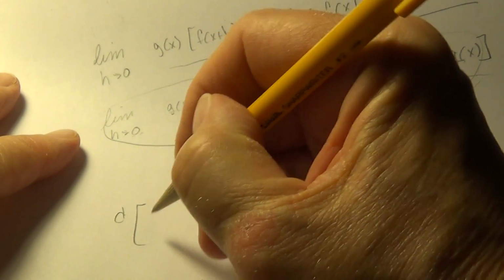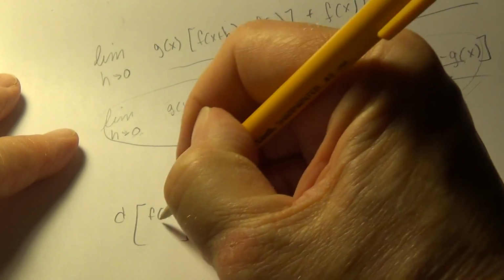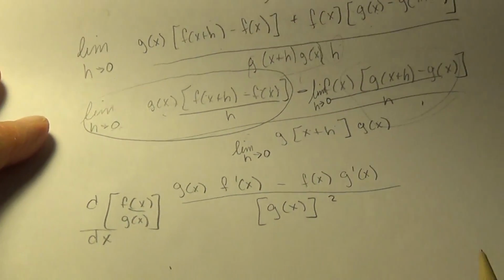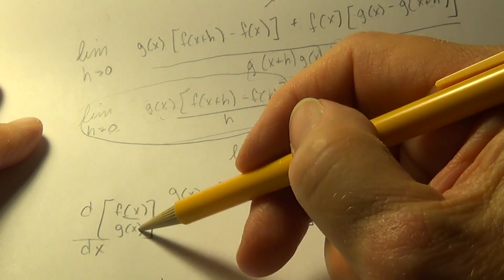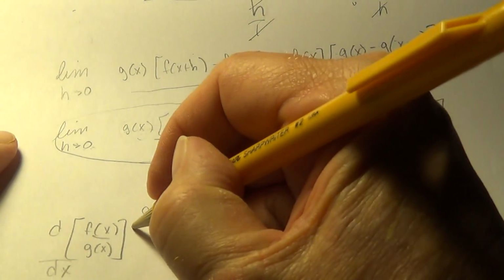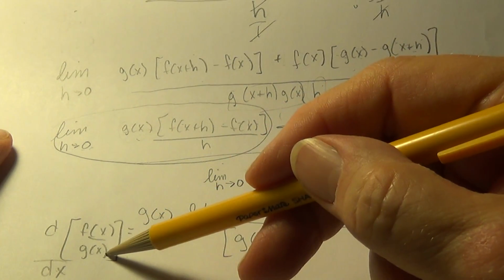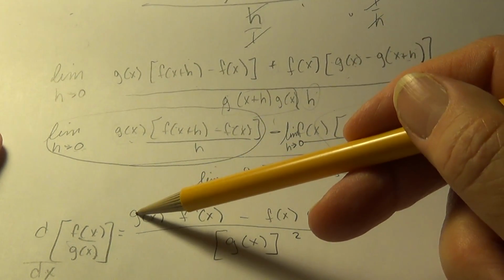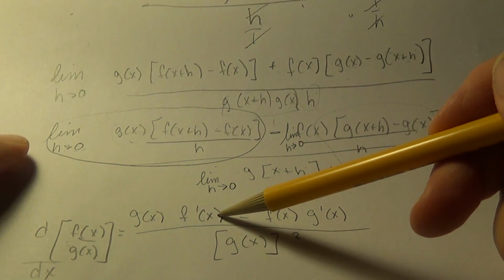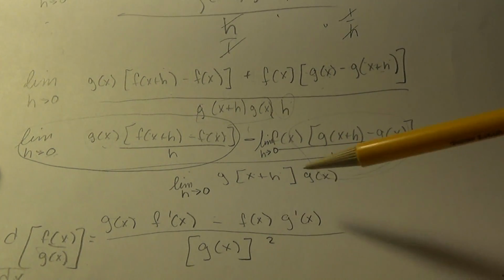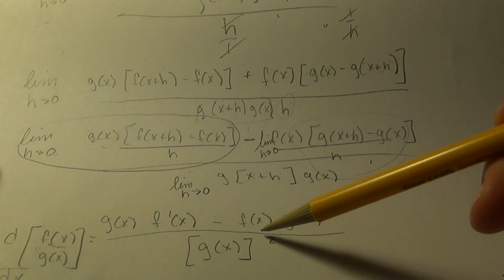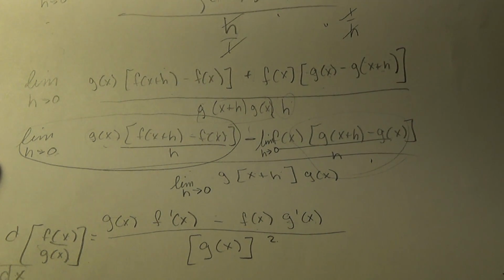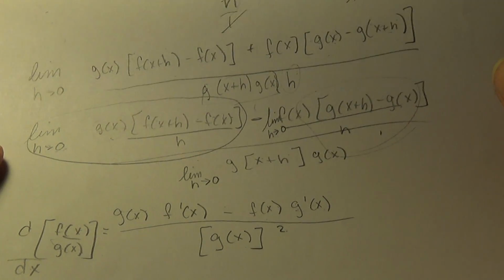So when you have two things divided, the derivative of f of x over g of x with respect to x equals the bottom function. I'll call this the bottom function and the top function. The bottom times the derivative of the top minus the top times the derivative of the bottom all over the bottom function squared. Sorry guys, but that's the way it is.